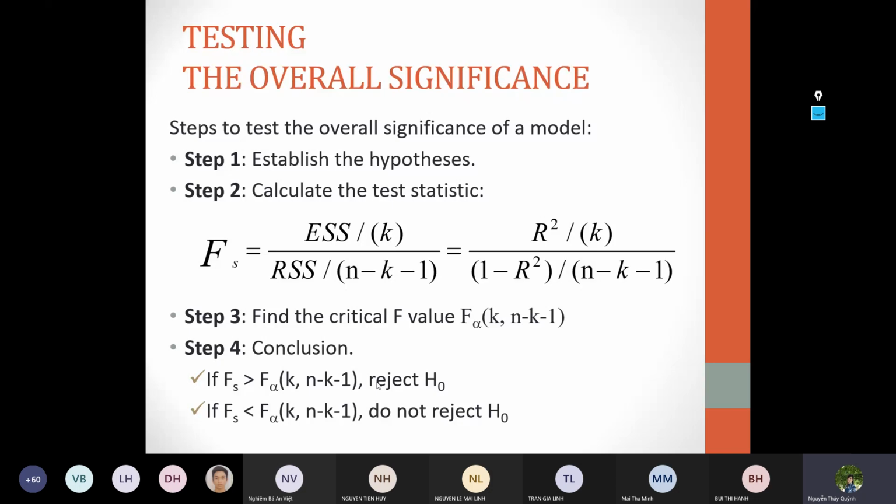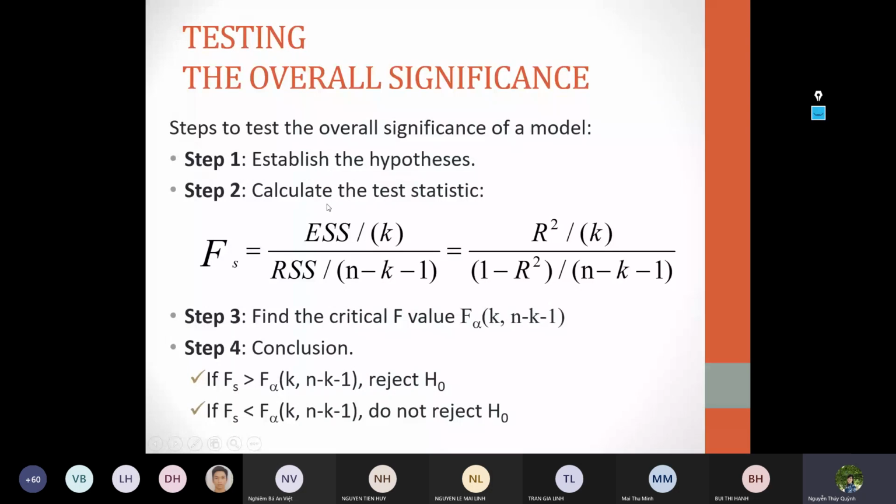But as we said before, we cannot use a t-test anymore because the null hypothesis is dealing with many regression coefficients. So here we will use an f-test.